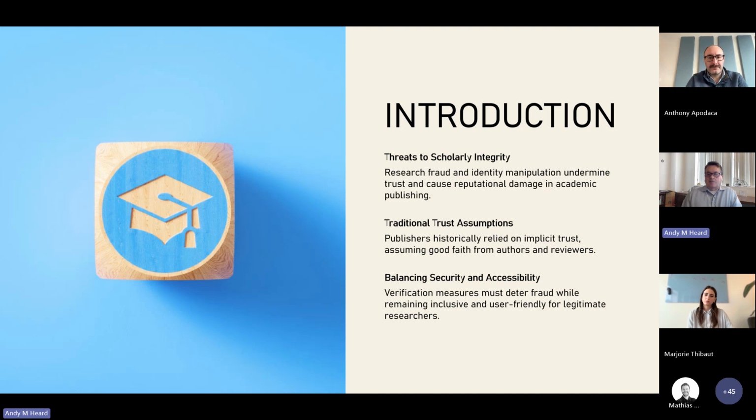That requires implementing proportionate and inclusive verification measures that deter fraud without creating barriers for honest contributors. That's hard to do. The goal is to strike a balance between security and accessibility, and ensuring that verification processes are robust yet user-friendly.